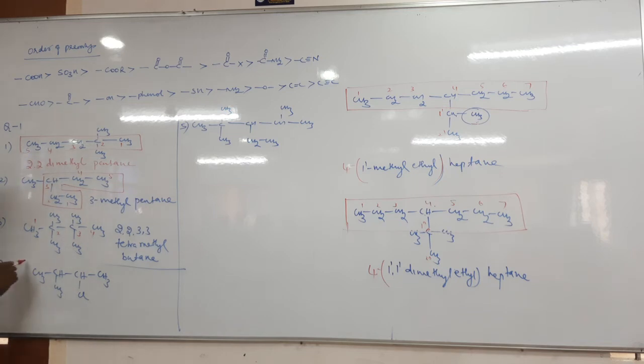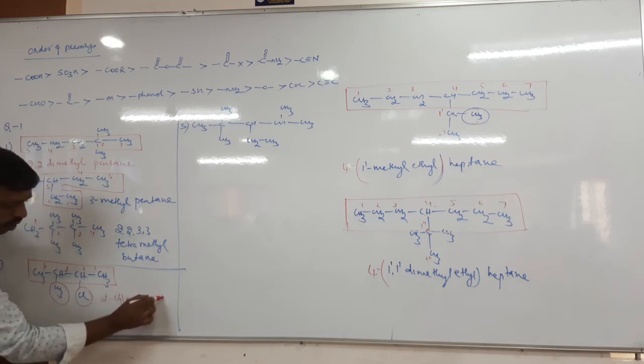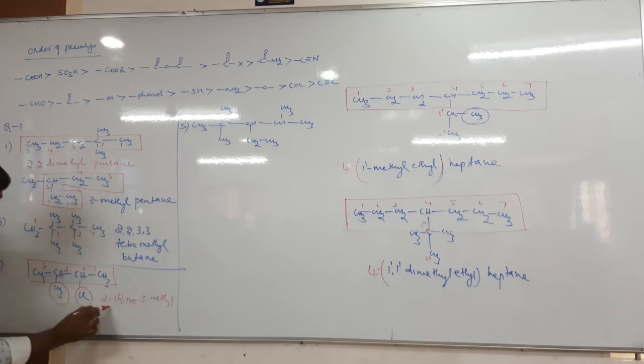So numbering, tell me first, selection of the parent chain. Numbering: right to left. It's a chloro, starts with C, methyl starts with M. Therefore it is 1, 2, 3, 4. So it is 2 chloro 3 methyl butane.